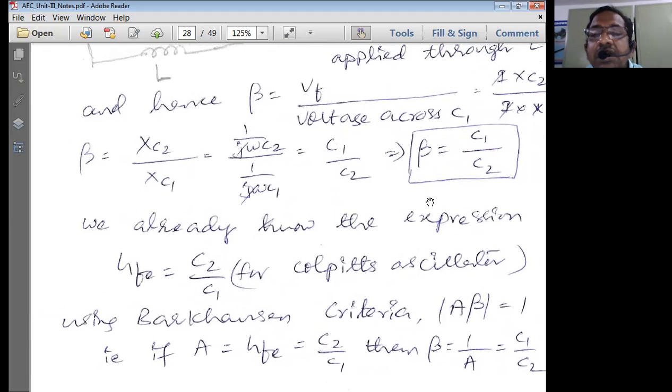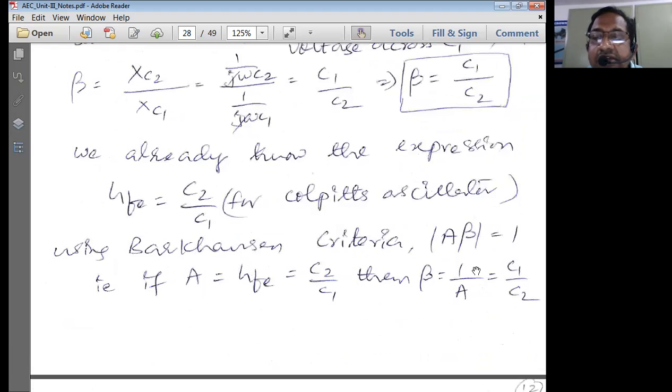That means beta and HFE should be inversely proportional. That is why, just by closing the eyes, if you know HFE, you can write the beta value, and if you know beta, you can write the HFE value. HFE is the gain of the amplifier, beta is the gain of the feedback circuit. When you multiply these two, you should get the value as 1 to provide sustained oscillations.